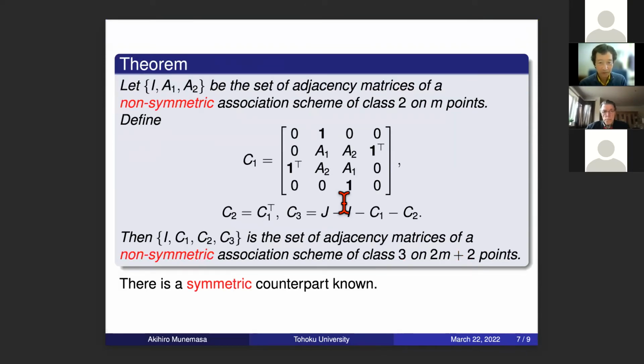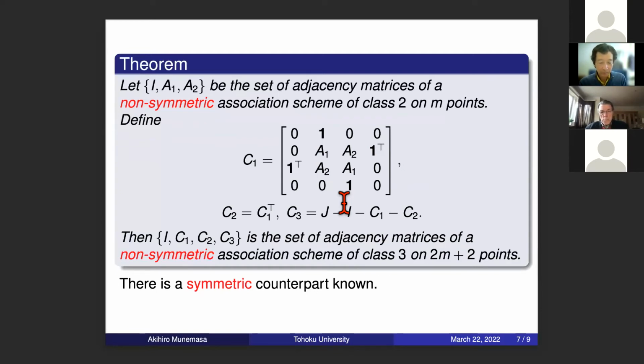So that's why our theorem is not a trivial consequence of doubling. It's rather a different construction. So this was our theorem shown once again.